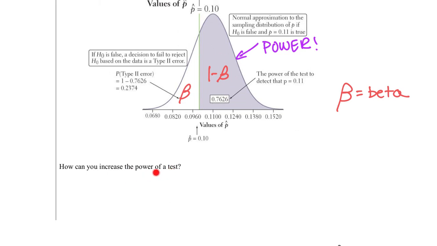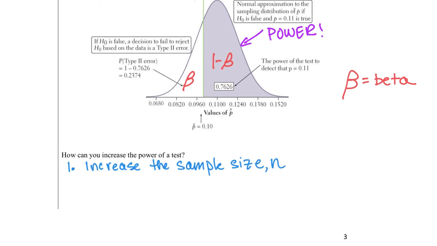We want to make sure that our power is so strong that we're going to, especially if our true parameter is different than what we think, reject. So we want to make sure that we increase the power of this test. This is what you do need to know for the AP exam, these 3 things. The first is, of course, to increase the sample size. If we can increase our sample size n, then that's going to reduce my variability.